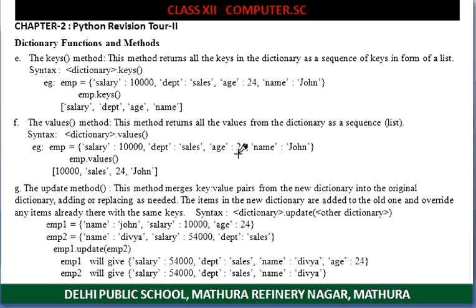So EMP1 will add the items of EMP2. If the key value pair is already present, then it is overridden. So this is the update method and the end of the dictionary methods.